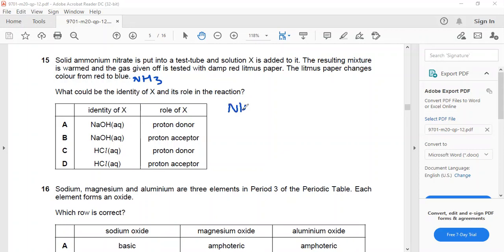Usually remember a rule: ammonium plus alkali, ammonia gas is given out on warming. Alkali is a base. Base accepts proton.